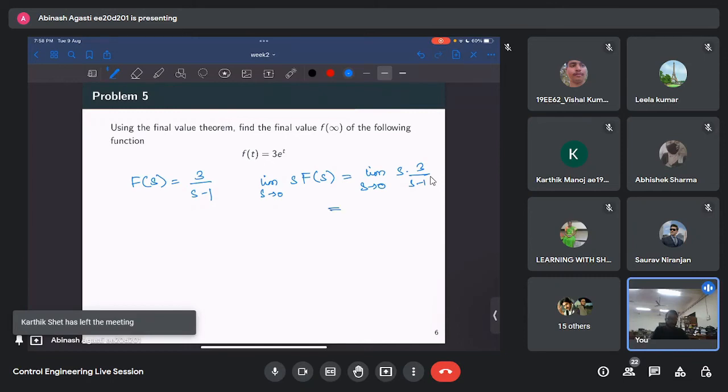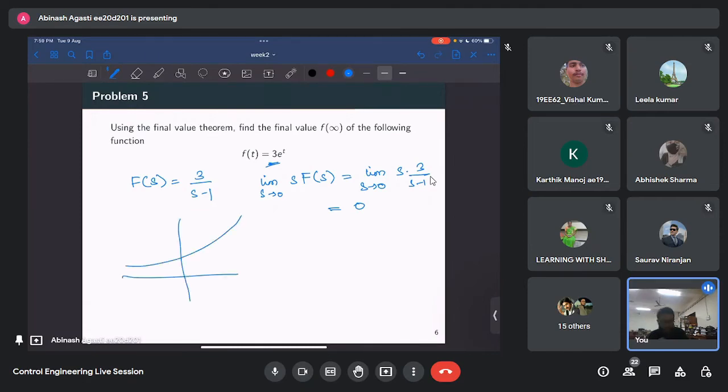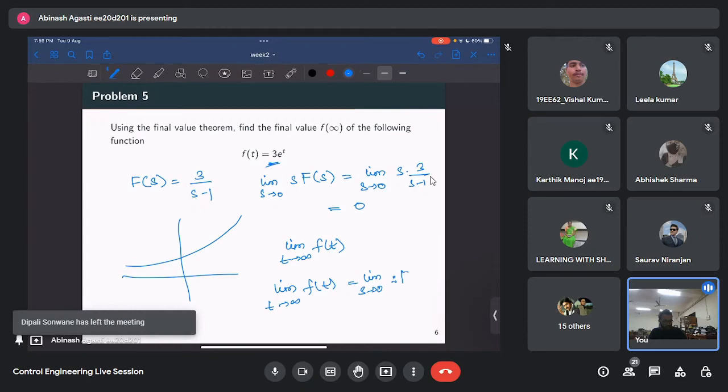Now this one, the limit exists, it is equal to 0, but we have to check another thing: the function that we have is unbounded, right? e to the power t is just an unbounded function. So for the final value theorem, the limit t goes to infinity, f of t must exist. Only then can we use the statement of the theorem to say that limit t goes to infinity, f of t is equal to limit s goes to 0, s into F of s.